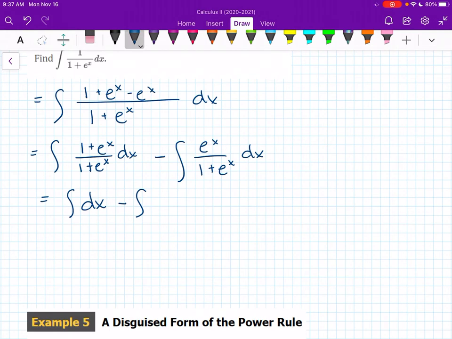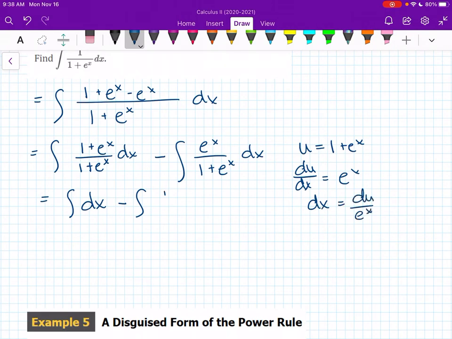I'm going to let u equal 1 plus e to the x. There we go. That's how I did it. du dx equals e to the x. So then dx equals du over e to the x.